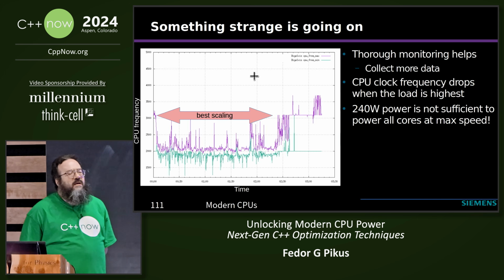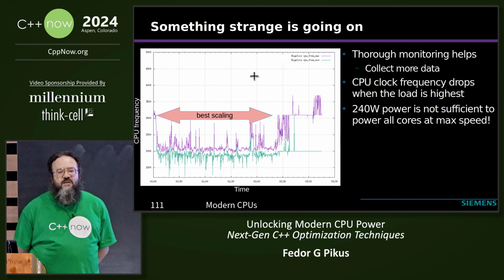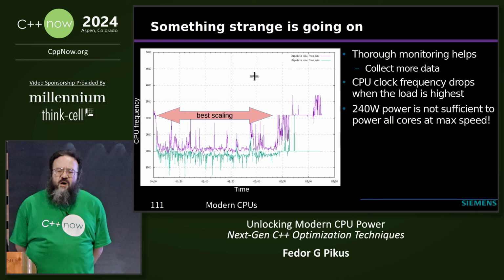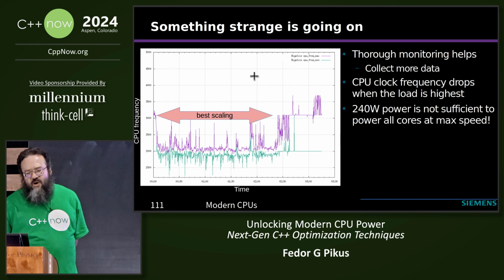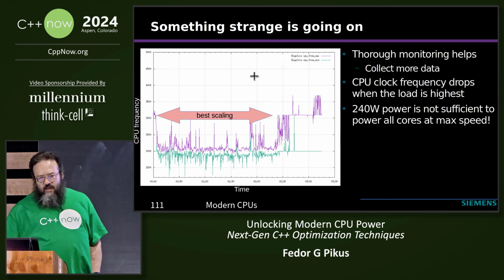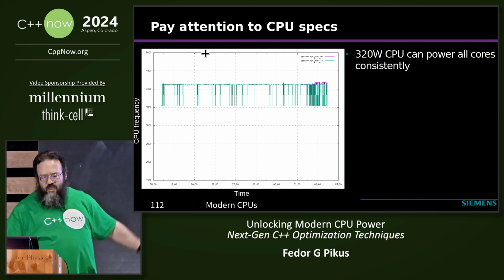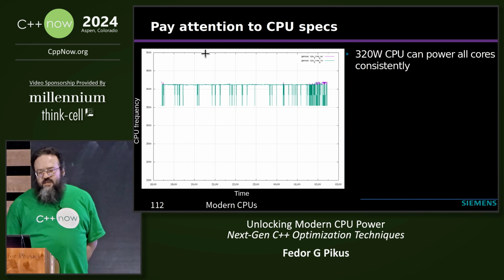The problem is, it's spec'd as 3.3, but it doesn't have enough power to run at 3.3 all the time on all the cores. It has a 240 watt power envelope, which for that hungry beast isn't enough. How do I prove that that's the case? Here is a similar CPU from the same series, a different model, 320 watt.